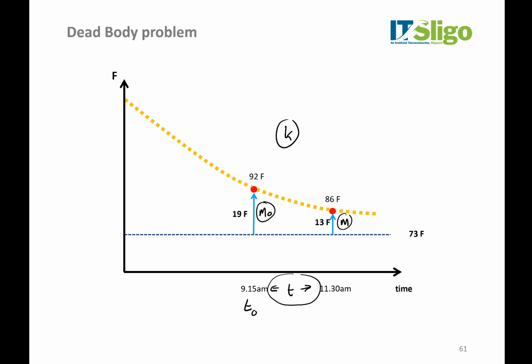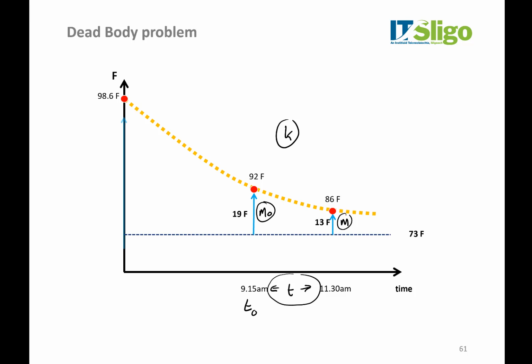Once we've calculated K, guys, what we're actually interested in is when the body was at normal living temperature, which is 98.6 degrees Fahrenheit, because that's the temperature of a healthy human.